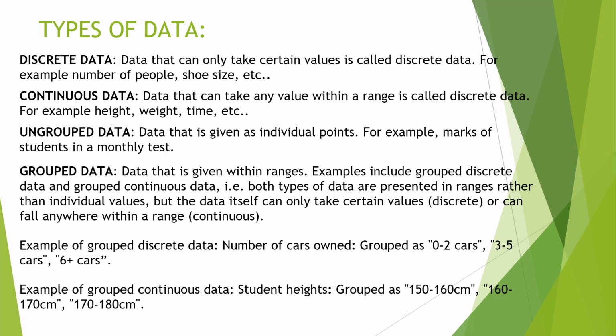So it is called grouped discrete data. Similarly, you have grouped continuous data. For example, the height of students can be grouped as 150 to 160 centimeter, 160 to 170 and so on. So here the heights can take any values within the given range. So this is an example of grouped continuous data.